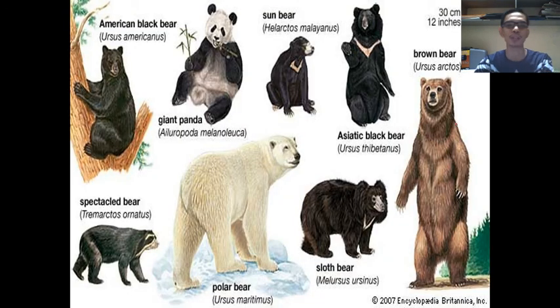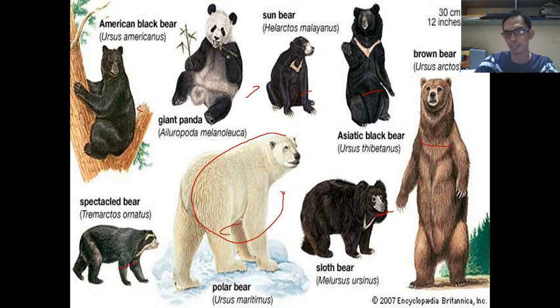Next one. So the bear. Bear is an example of adaptive radiation, and because of different environmental habitats, they are able to develop a new set of structures suited to that habitat. So we have 1, 2, 3, 4, 5, 6, 7, 8 kinds of bear.